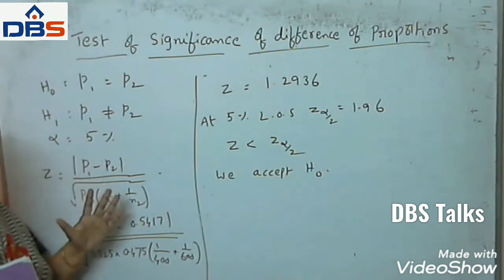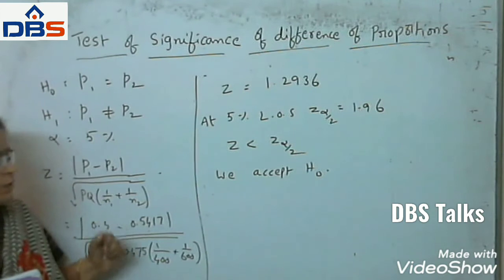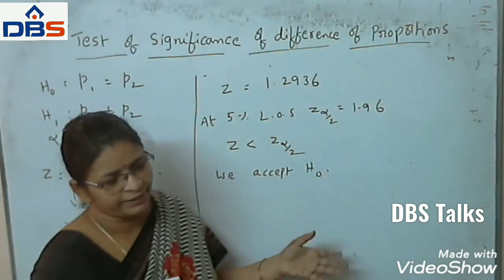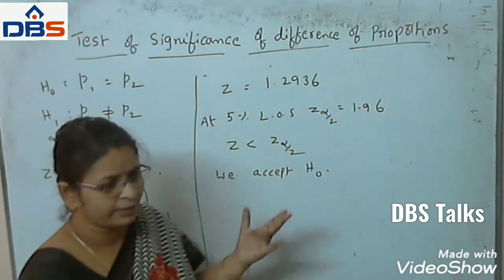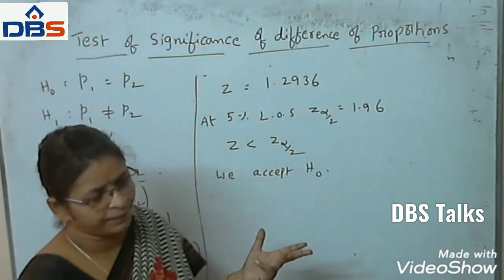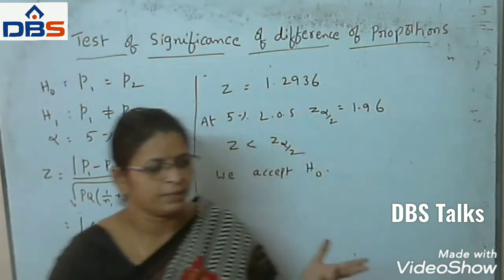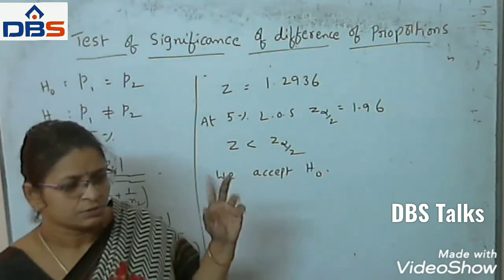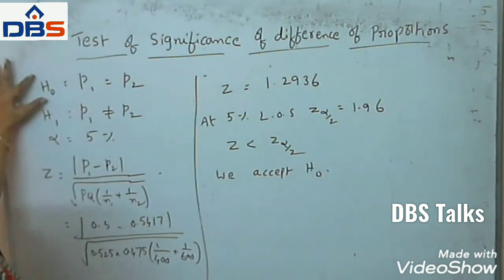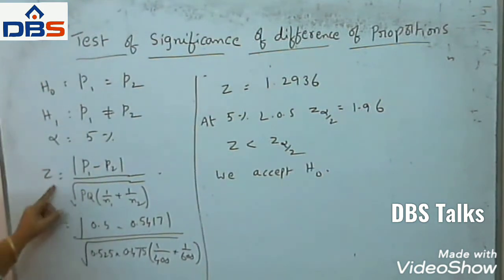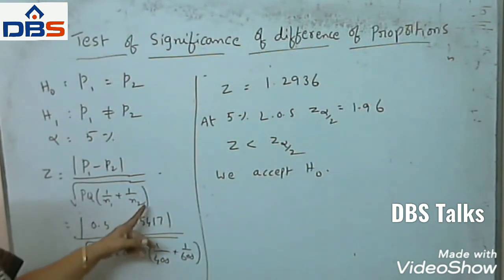So this is the method of testing two proportions. First, we write down all the given data: N1, N2, P1, P2. Next, we find P and Q. The formula for P is N1 P1 plus N2 P2 by N1 plus N2, and Q equals 1 minus P. After that, set up H0 and H1 and then the Z value: P1 minus P2 by root of PQ into 1 by N1 plus 1 by N2.